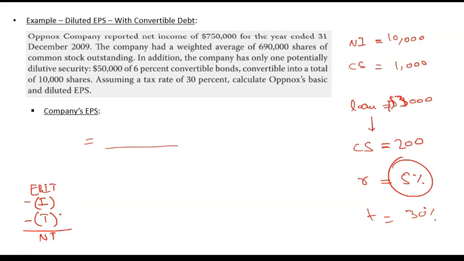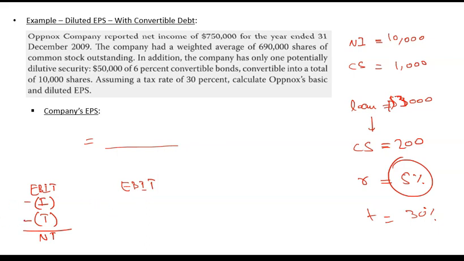Now I am assuming that this convertible loan has been converted into common shares. That means I no more have this loan on my financial statement, so the interest component needs to be removed. It should then be EBIT with no interest expense.